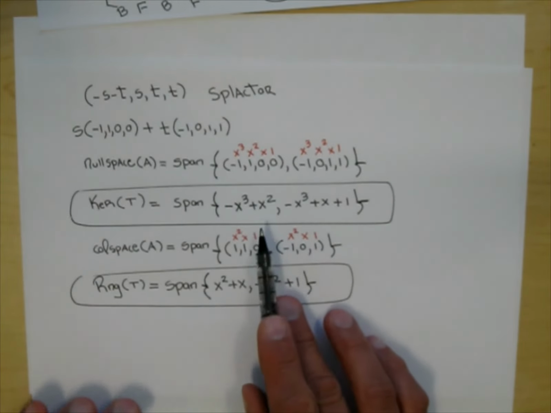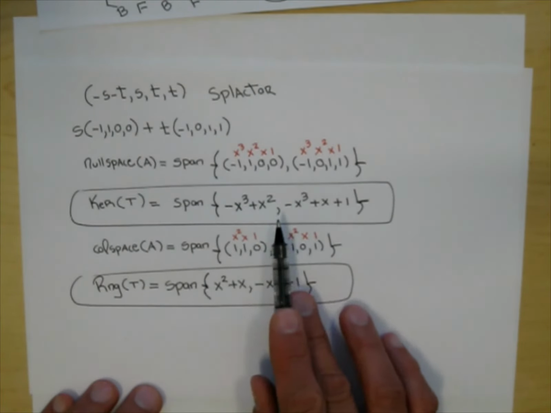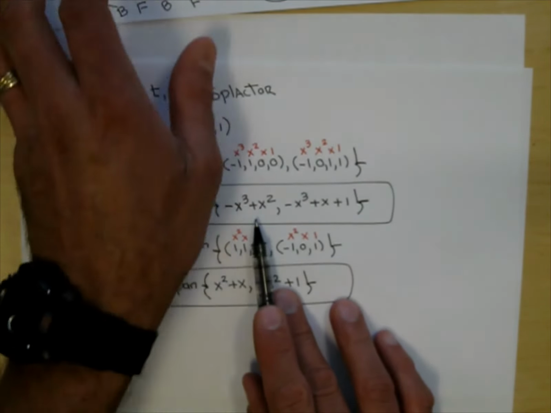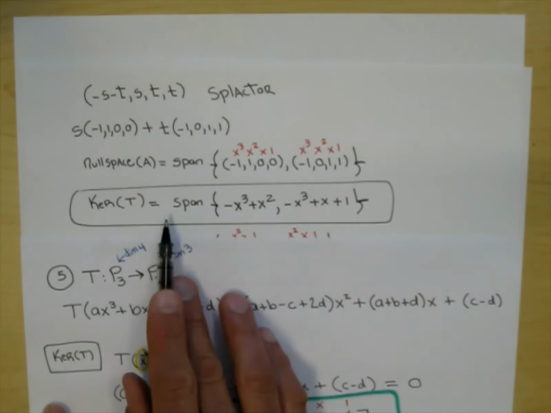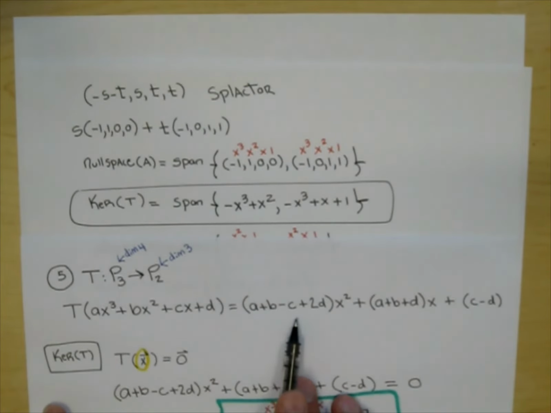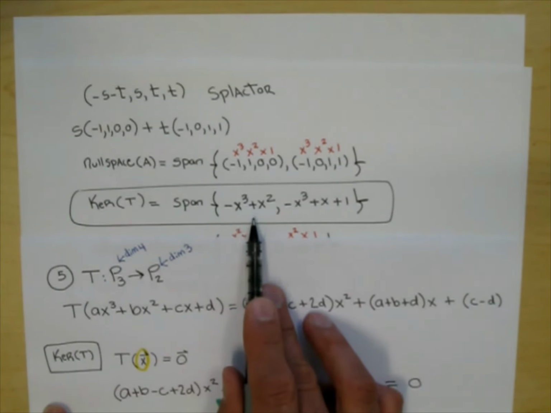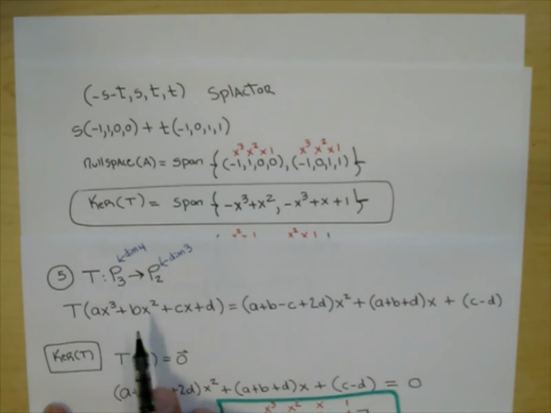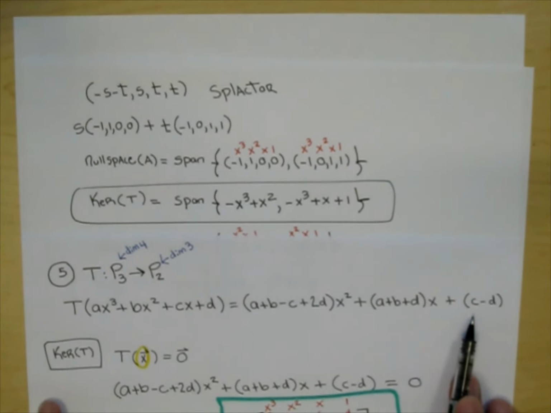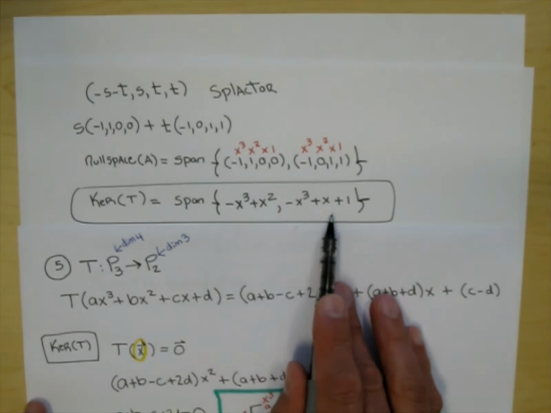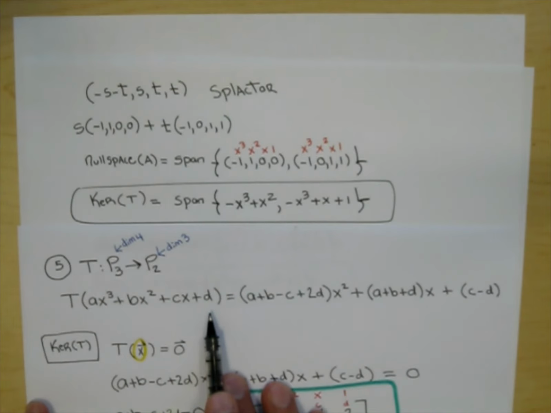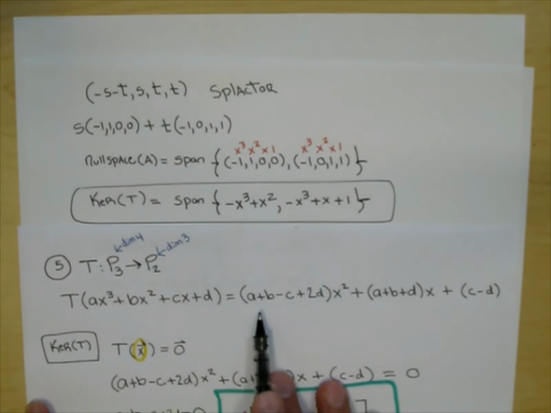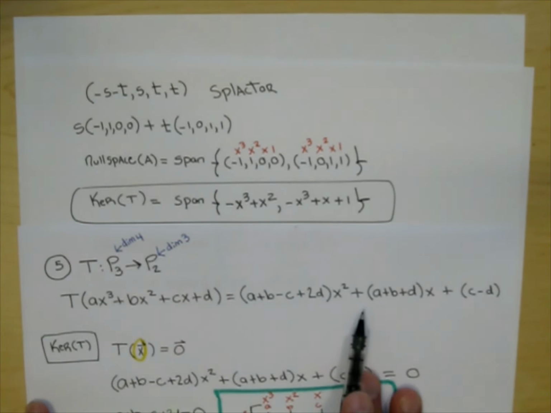You stick any one of these two polynomials from the kernel into the linear transformation. You stick, like, negative x cubed plus x squared into this, you will end up getting a 0. You can verify that if you want. And you stick this polynomial in there, so A is negative 1 and C is 1 and D is 1. By the time you're done computing this, it will all be 0.